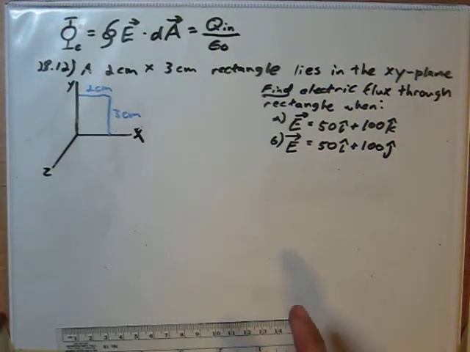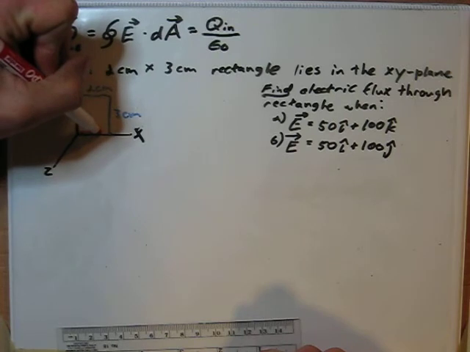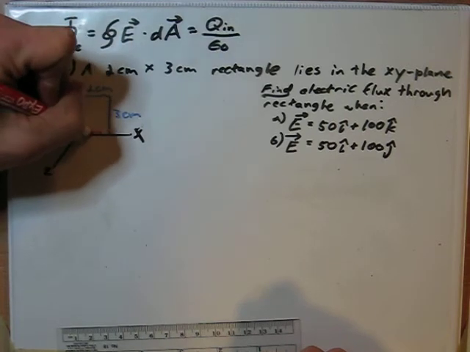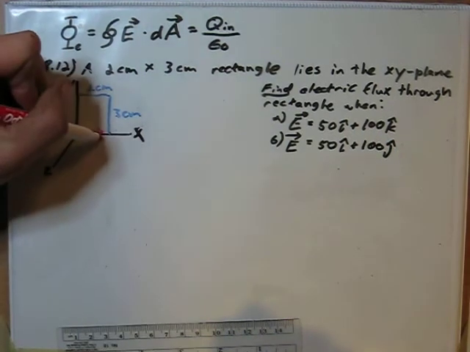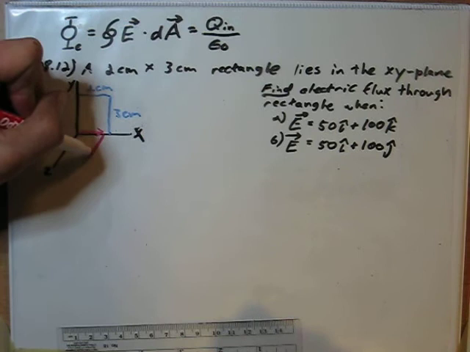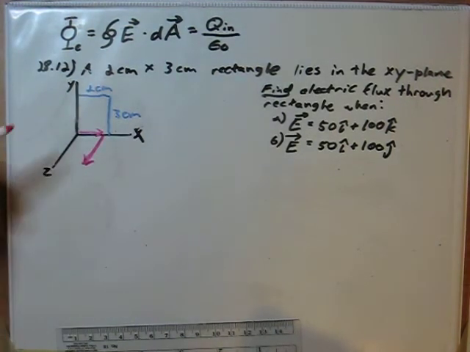We can draw this vector. The scale doesn't necessarily matter. This is just representative, but we can say 50 i hat. So let's go 50 in the i hat or x direction, and then 100 in the k hat direction. So let's go a little bit longer in that direction just to show for representation.